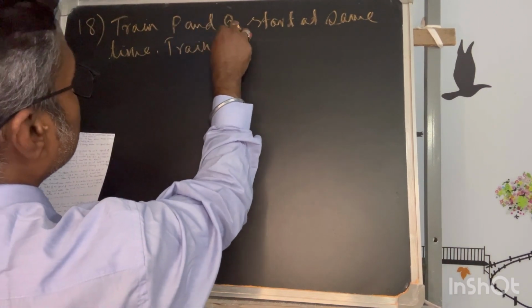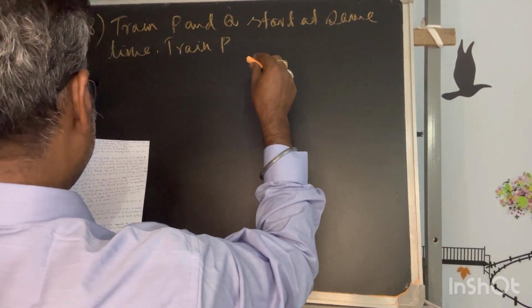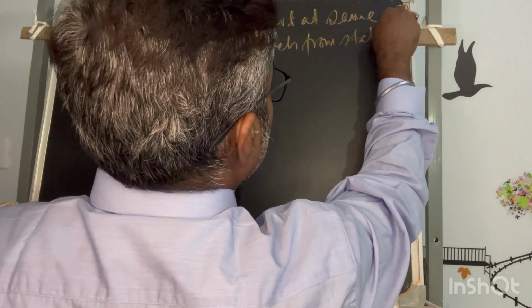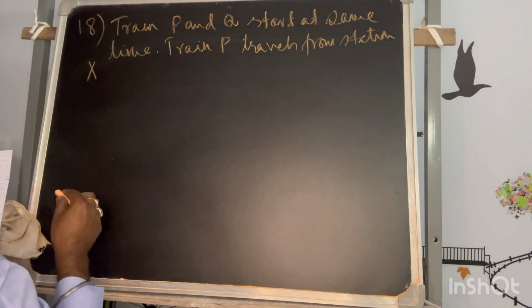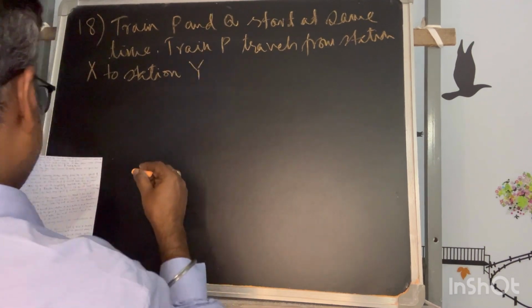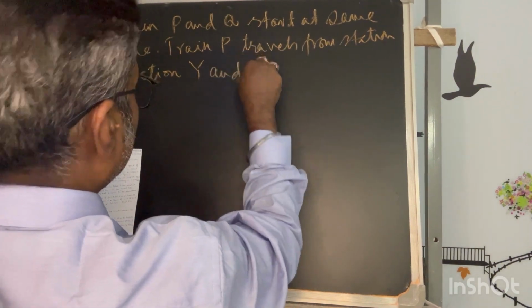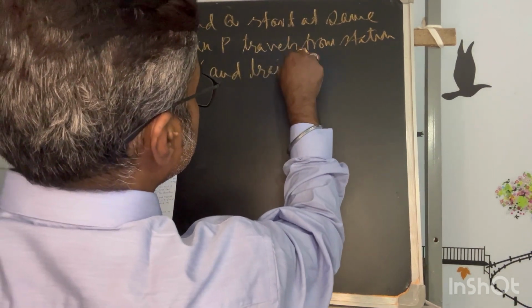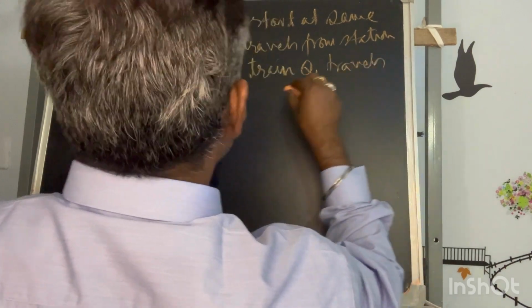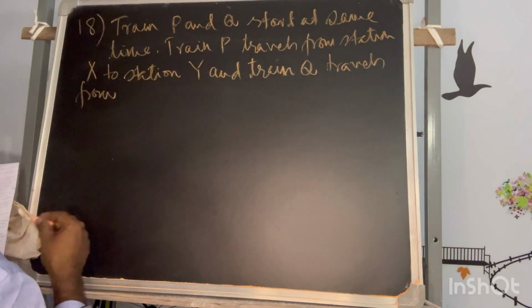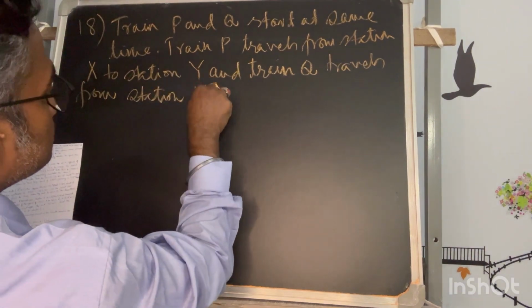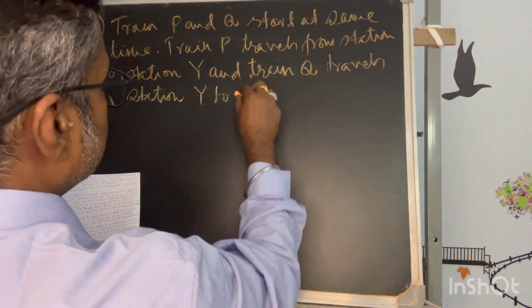Train P travels from station X to station Y, and train Q travels from station Y to station X.